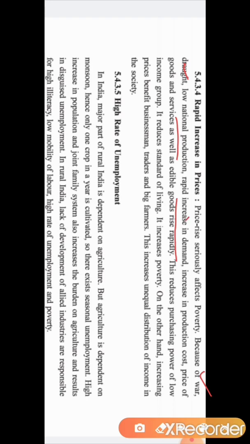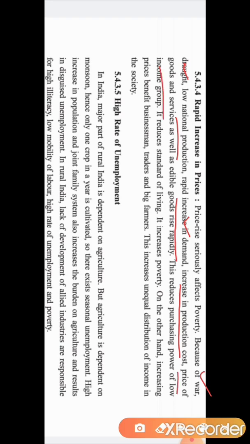You can learn this with the example of petrol also. The demand is very high, but the supply of petrol is not that much, so the price rises. Increase in production cost: if the production cost of the things being made increases, then obviously the price will increase.